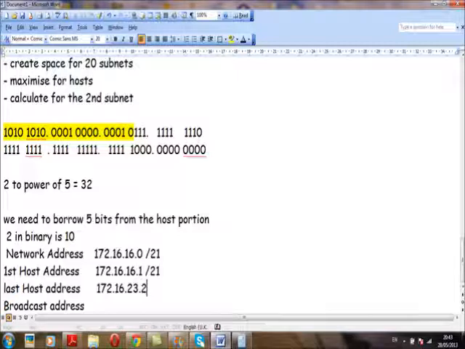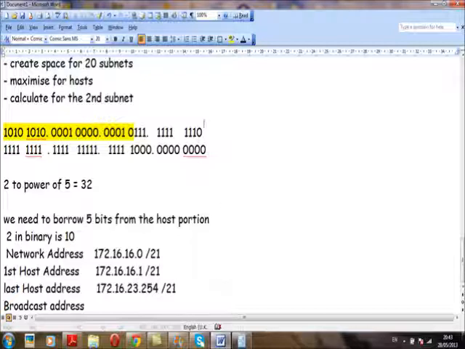Okay, and then we've got 254, yeah? /21. And you see straight away, it looks really weird because we've got 16 and 23 there. Both of them are still on the same network. And when you look at it in classful IP addressing, it just doesn't make sense at all, yeah? But because we are doing some subnetting and applying some magic here, it makes perfect sense.